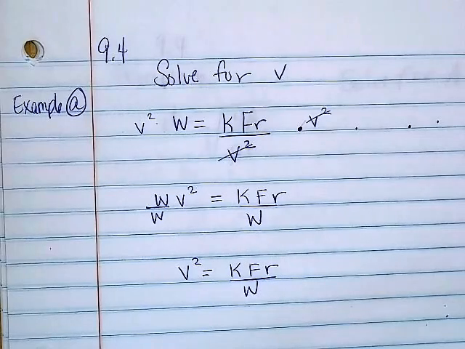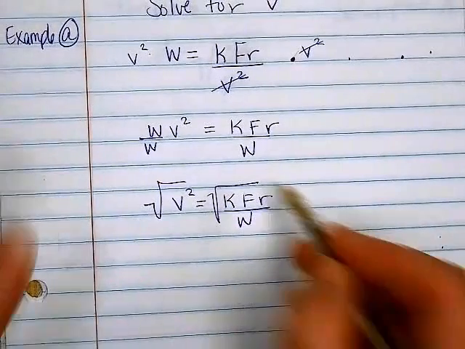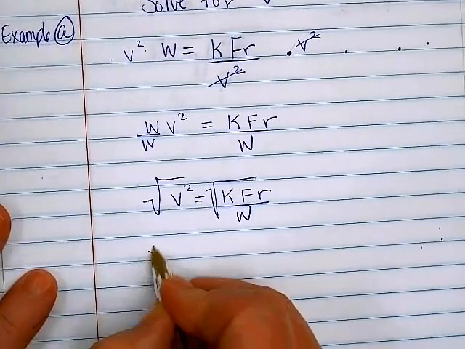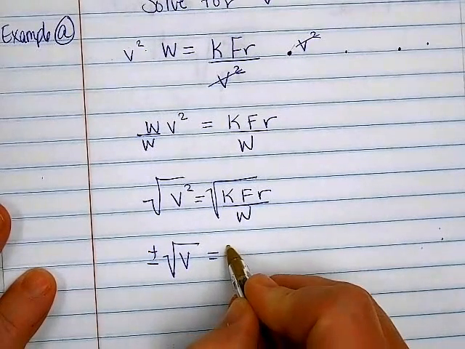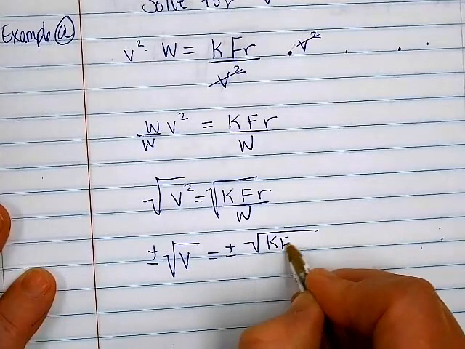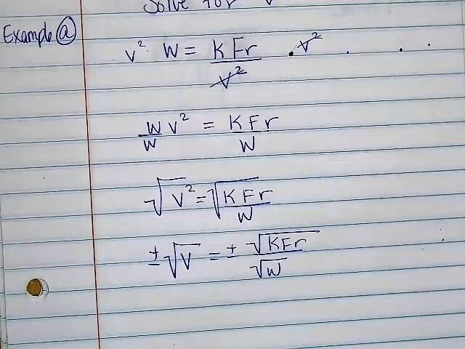Now to isolate V, I need to take the square root. So I'm going to take the square root of each side. Remember, when you take a square root, you actually get plus or minus the square root. So V equals plus or minus the square root. I'm going to split this in parts, KFR over the square root of W. You could leave it all together. You can split it apart. I'm going to split it apart because I want this to be in the right form, and the right form doesn't have a W in the denominator.